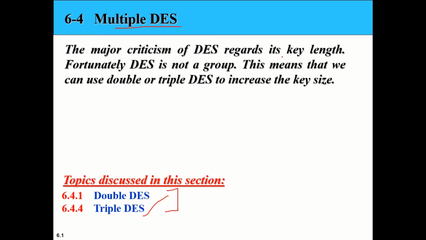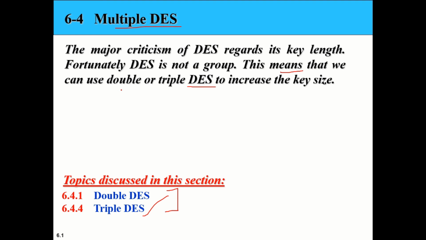Because the length of the key in the original DES was short. As per the critics of DES, it was just 56 bits. So we can double or triple the size of the DES key by using it 2 times or 3 times.